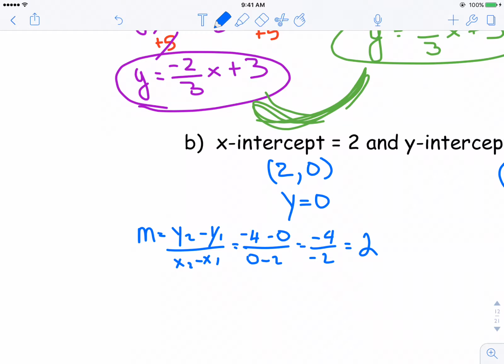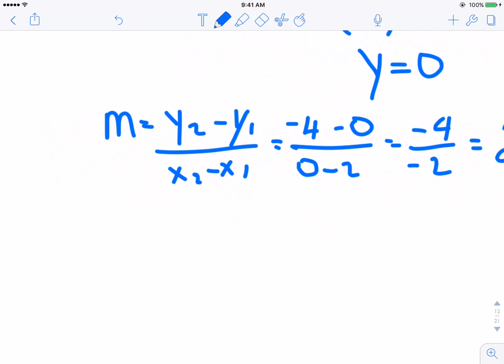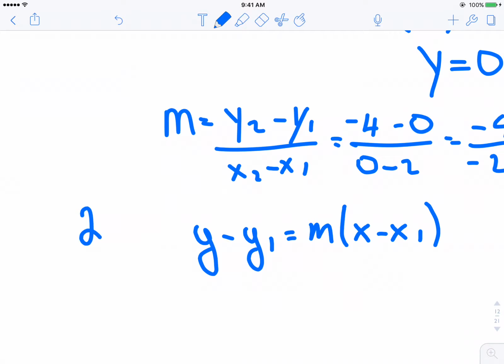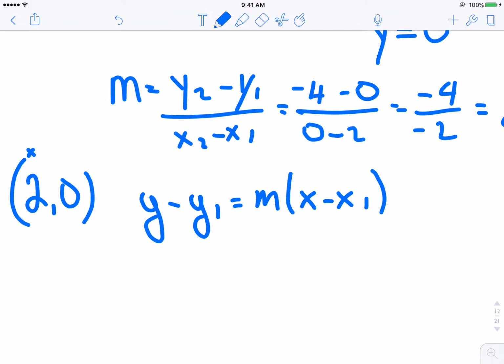Using a point, write out the point slope form of the equation of the line. Y minus y1 is equal to m bracket x minus x1. If I use 2, 0, my x-intercept, this is x1, this is y1, substitutes, it looks like this.